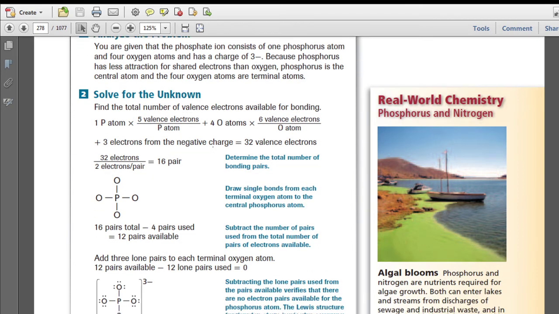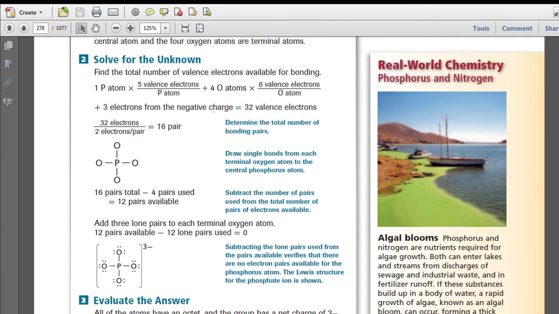So let's just go ahead. Phosphorus is farther to the left on the periodic table in the nonmetal section, so it's probably going to be our central atom. We're going to make oxygen our terminal atoms. And in doing so, we've used 4 pairs, so that means we have 12 pairs available for this molecule.